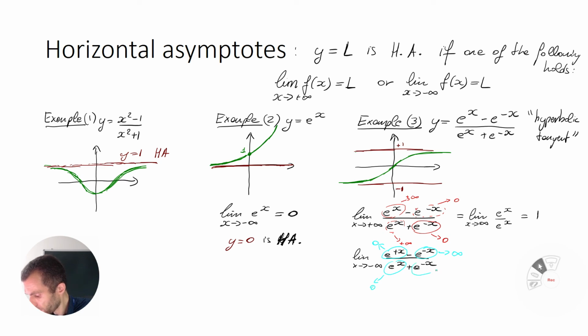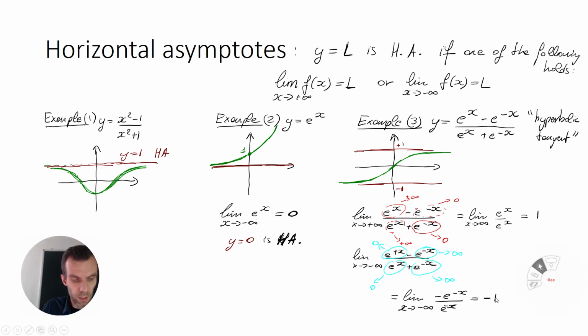This goes to 0 and this goes to infinity. You see in the limit, it's these two terms that matter, and so we get minus e to the minus x over e to the minus x, and that's minus 1. Again, with limit laws, this will become a bit more clear to calculate.